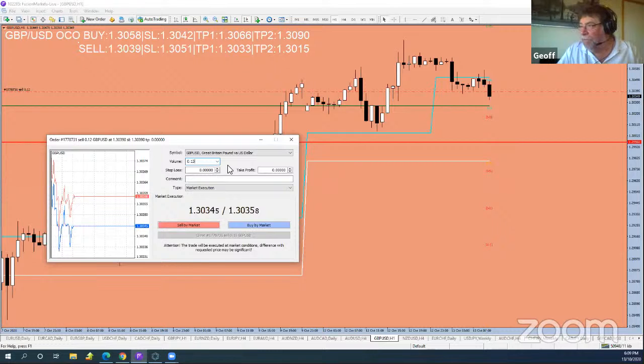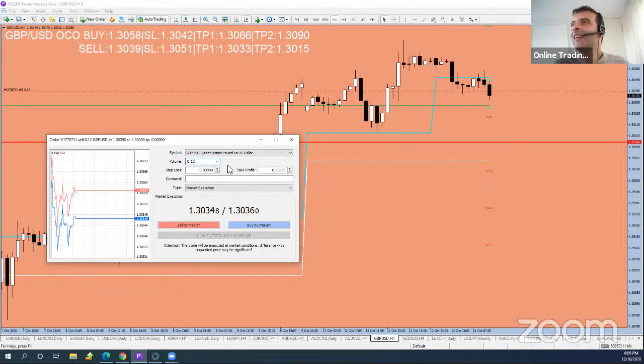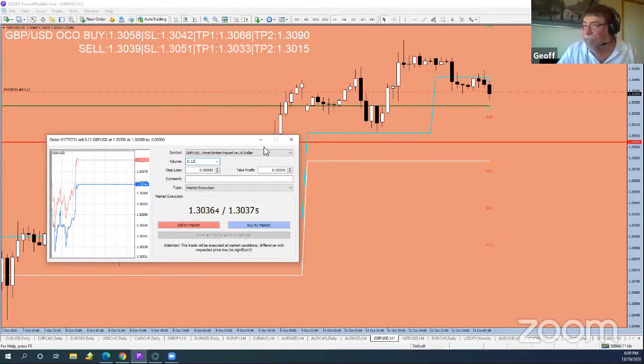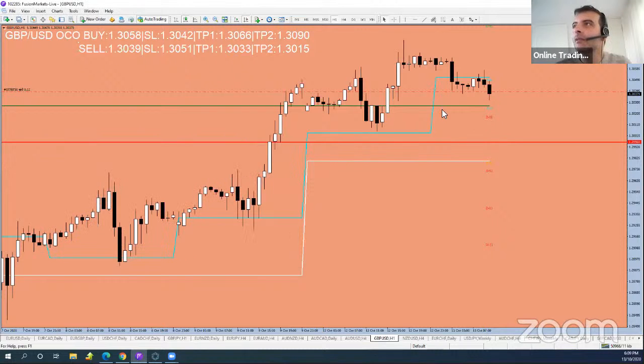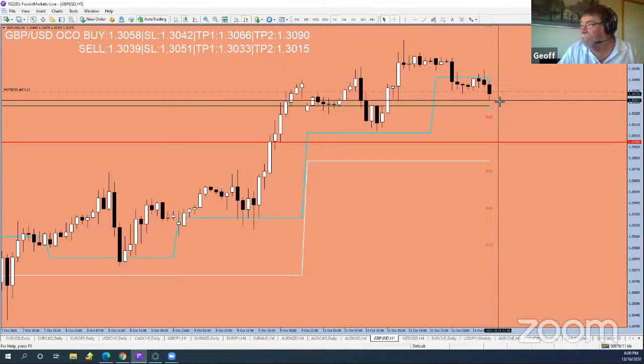Come on, get down there. Okay, I'm not going to hang around here. Is it just got to go through that little level there? Well, it's got to go near to where it bottomed. It bottomed on 31.5, and TP was 33.